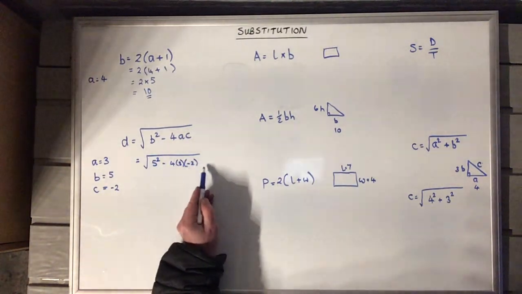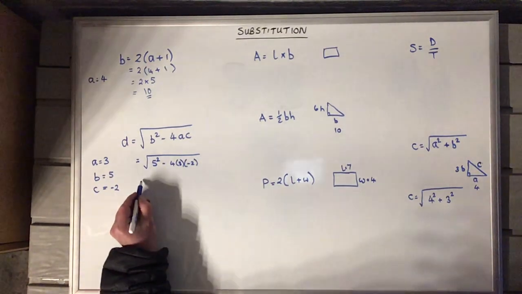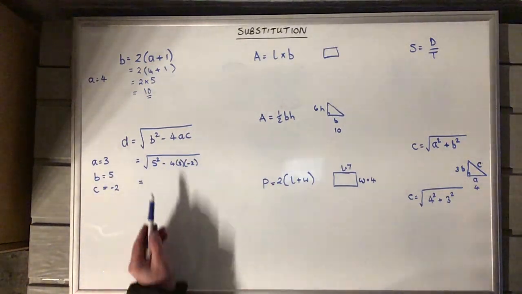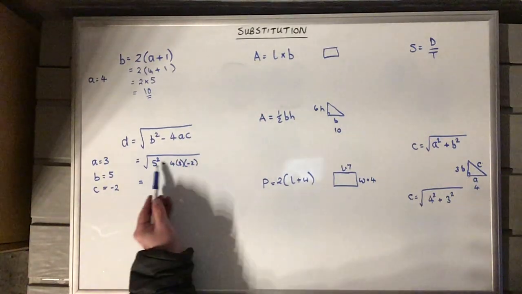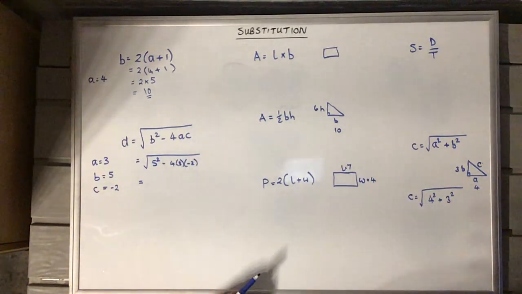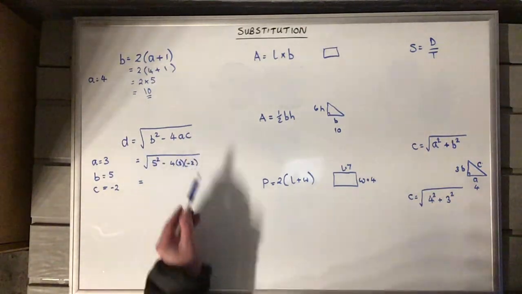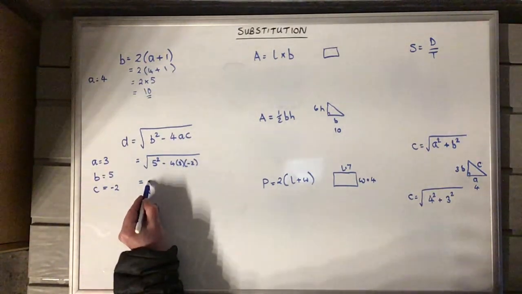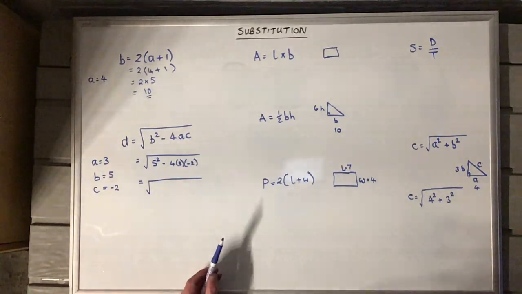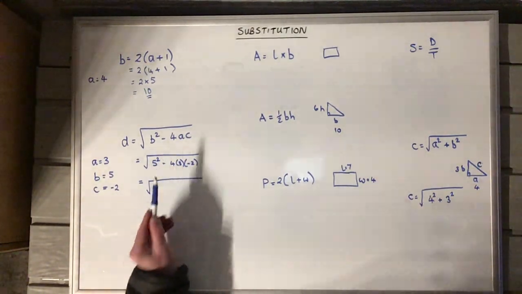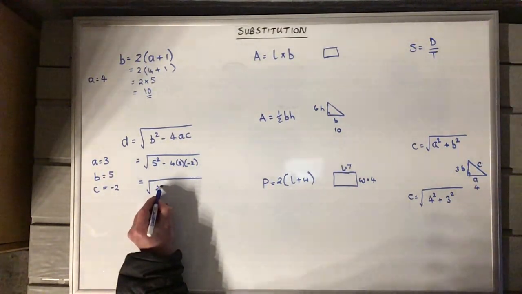This all means times, you're going to times all these. So, we'll take the square root of the thing inside the square root sign. Well, we have to work out what that is first, so we have to work all this out before we can take the square root. So let's keep the square root in. Order of operations tells us we must do the power first, so 5 squared is 25.